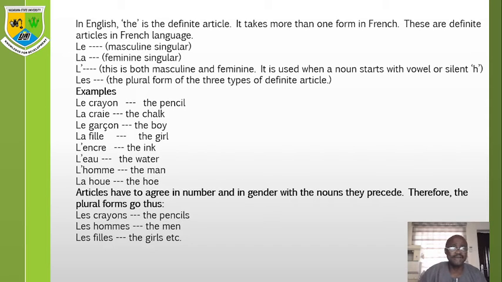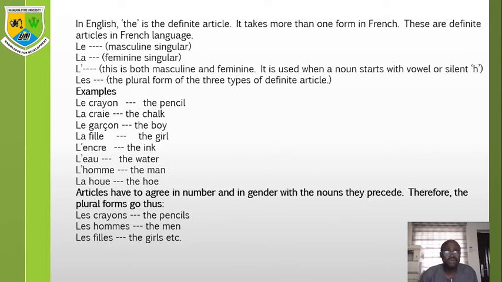Then, for example, let us use le crayon, the pencil. We say le crayon because crayon is masculine. That is why we use the article le. La craie, the chalk.